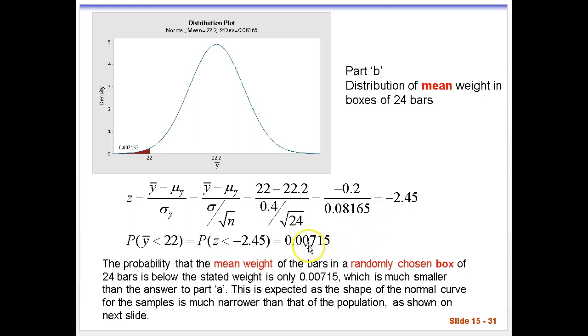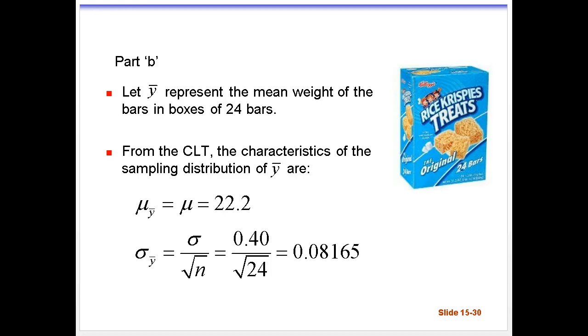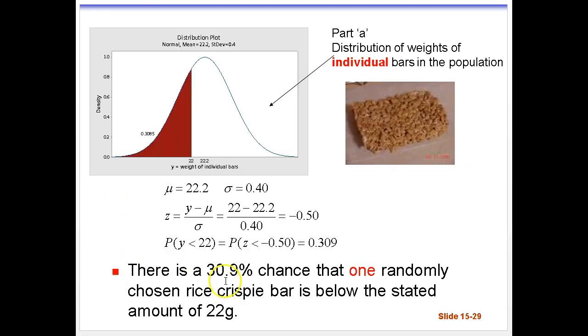In this case, we've got about a 0.715% chance that the average weight in a randomly chosen box of 24 bars is going to be below the stated amount. Whereas, if I go back up here for a minute and look at the answer using the population and picking one individual bar, that probability is 30.9%. So there's a big difference between the 30.9% and the 0.7%.